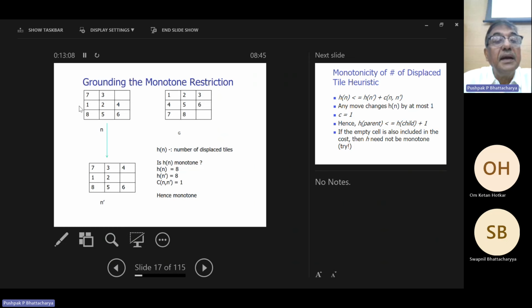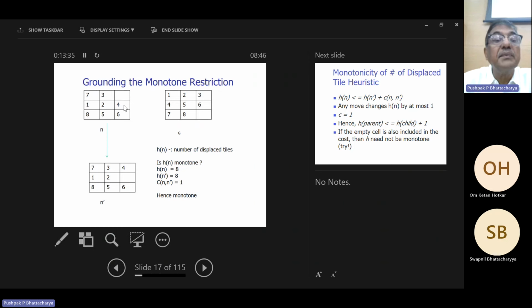You see, here h(n) is 8. How many tiles are displaced from their position? 1 is displaced, 2 is displaced, 3 is displaced. Every tile is displaced from its position. So the value of h is 8 at this configuration. At n dash, 4 has moved to this position, but nothing has really improved.